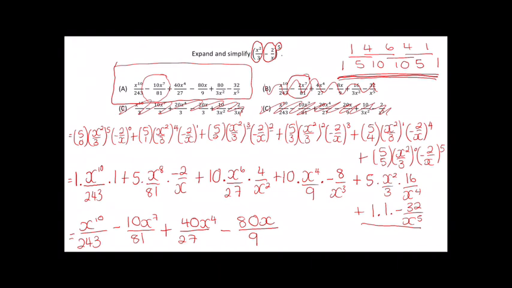And then over towards the end, I've got 5 times 16, which is going to give me 80. I've now got more x's on the bottom than the top, so my x's are still going to appear on the bottom. So I've got 3x squared, and then the minus 32 over x to the power of 5 that we used to eliminate the two C's. So this is my final answer, and that's exactly what we got for A. So for question 4, your final answer was A.